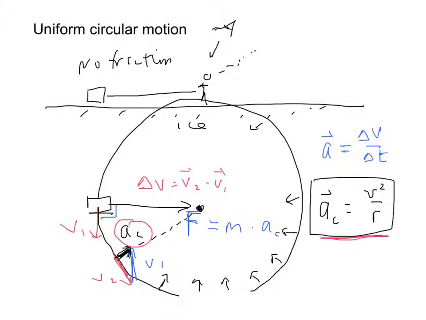Now, if you decided instead to spin this vertically, let me just draw a little picture. Now we're spinning like this, and let's say I had some big, magic arm that I could spin vertically.